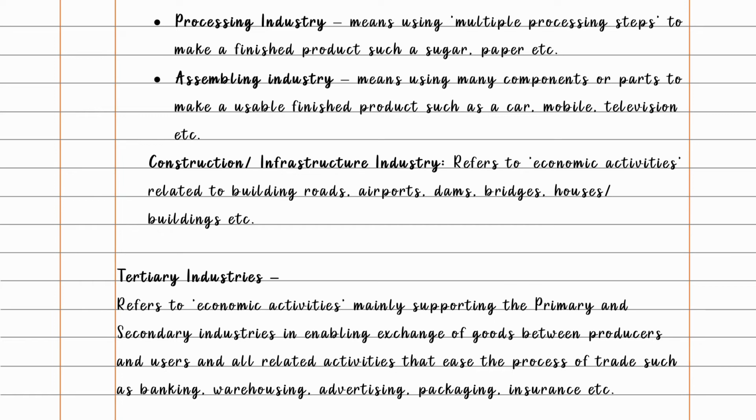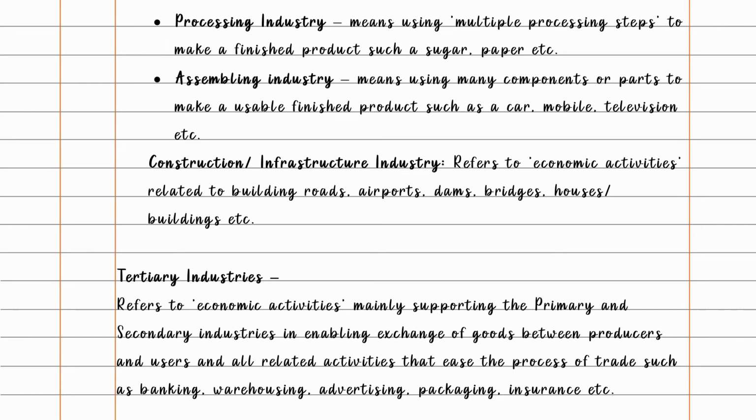Roads, buildings, houses. So any economic activities related to building of roads, airports, dams, bridges, houses, it's all termed as construction industry or the infrastructure industry. I'm sure you guys read about these terms very frequently these days: construction, industry, houses. So just use those terms, keep it in your mind, and you should be able to formulate the answer.